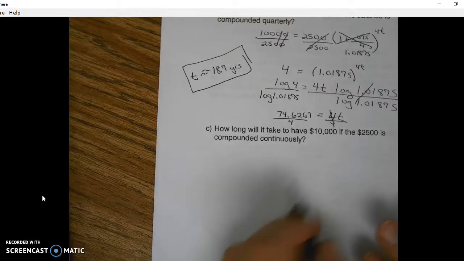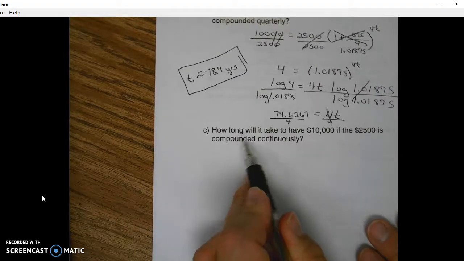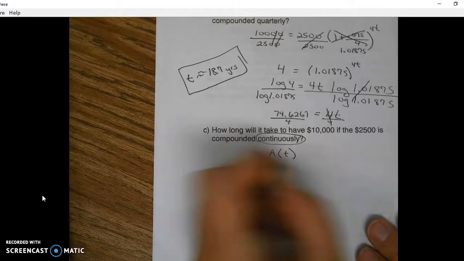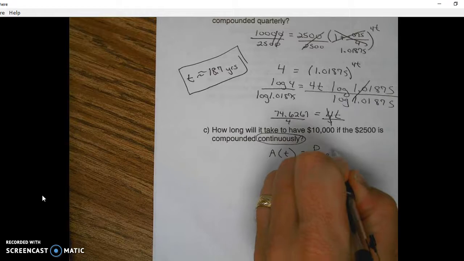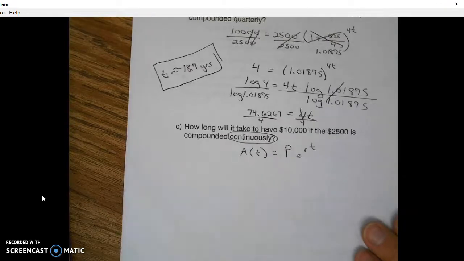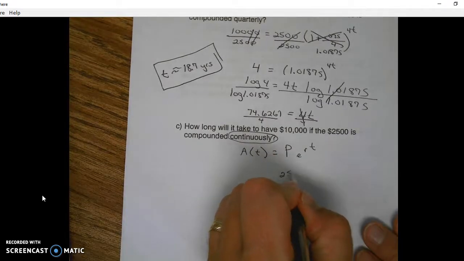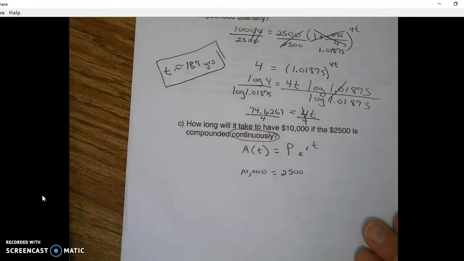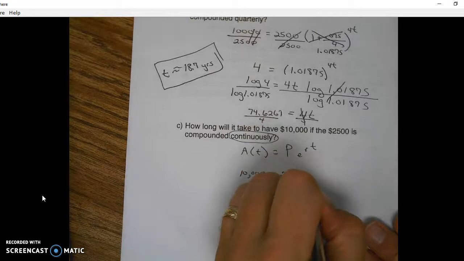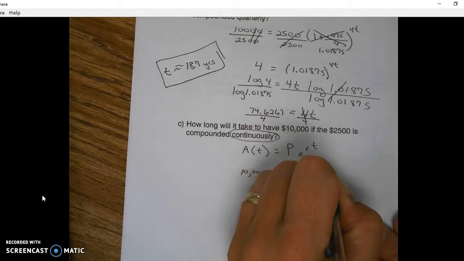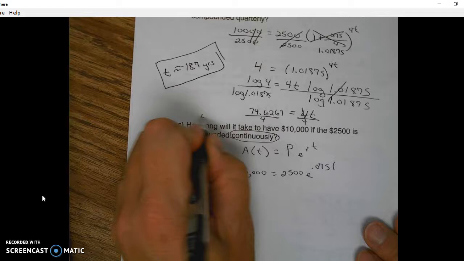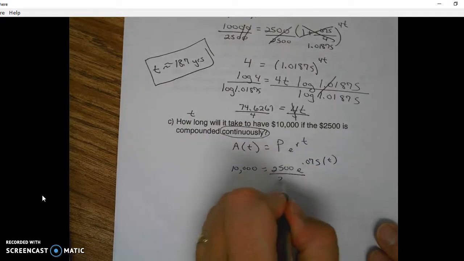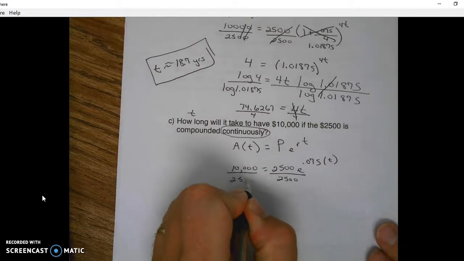How long will it take to have $10,000 if the 2,500 is compounded continuously? Well, there's your key word, PERT. Starting amount, 2,500. Ending amount, 10,000. We know the rate is 0.075. And it says how long, so we're looking for t. Dividing first.